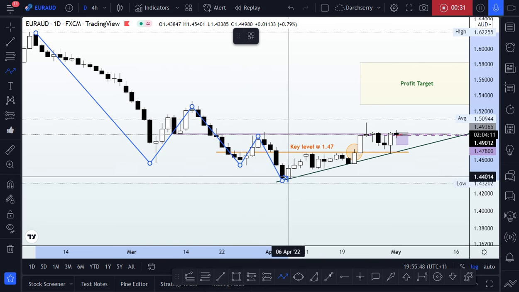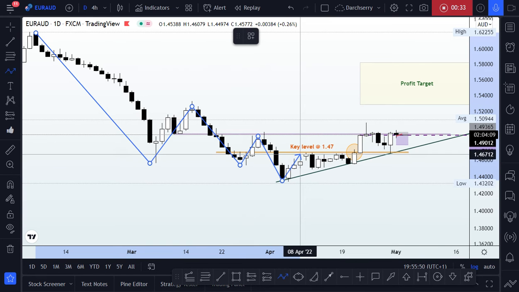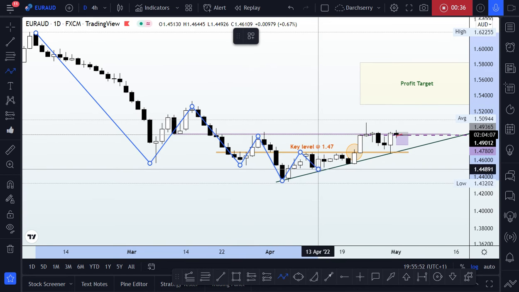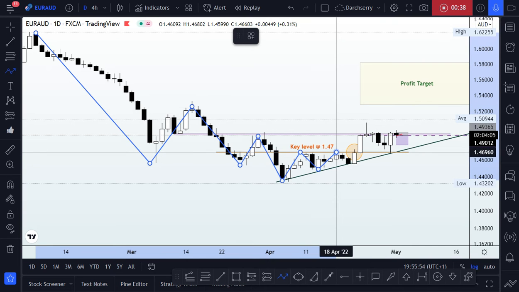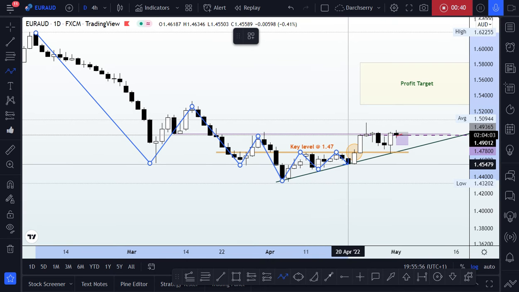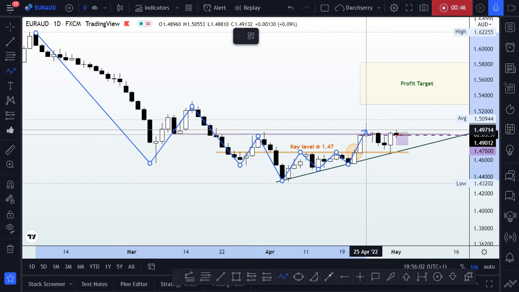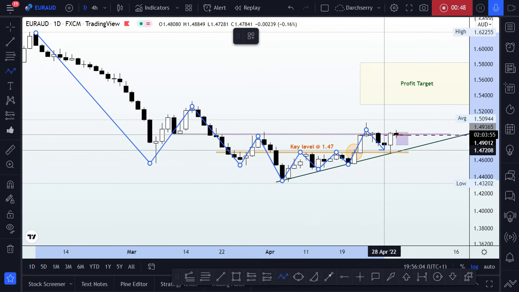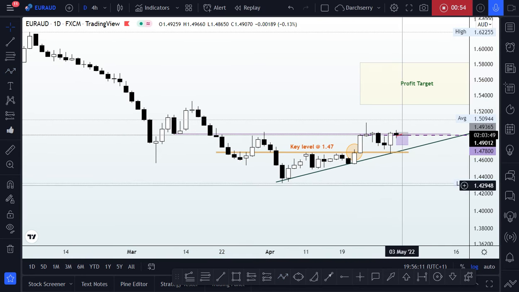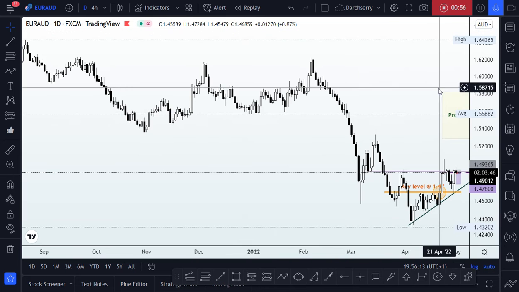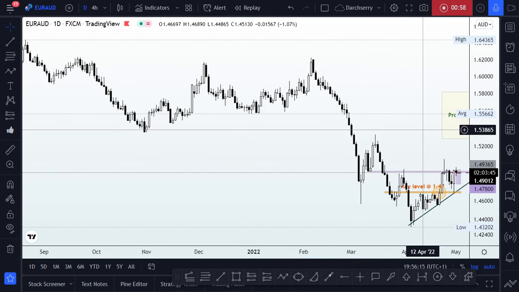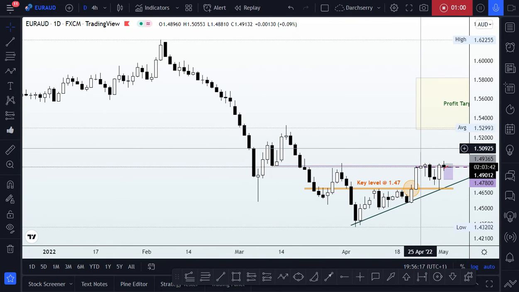Following the touch of 1.44, we've been noticing that price has been doing a higher low, which was later followed by two bullish engulfing candles on the 20th of April to the upside, where price came back and touched the key level we identified last week.